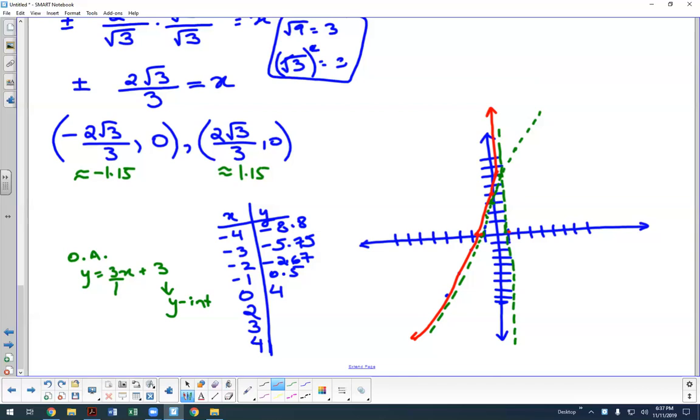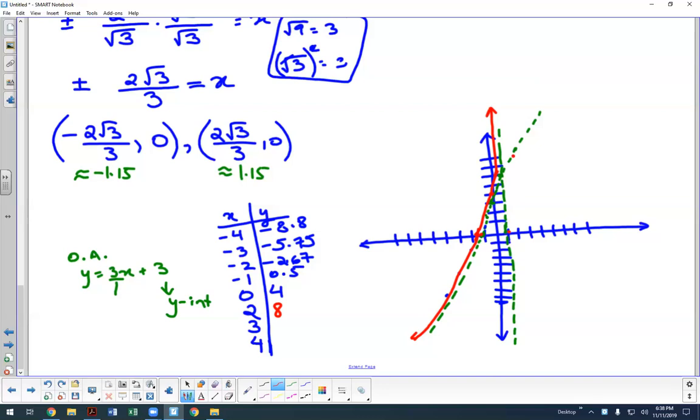And then for +2, and of course you should be crossing the x-axis there, but my graph is so off at this point. Okay, so for +2, 8. So that will be 2 and 8.